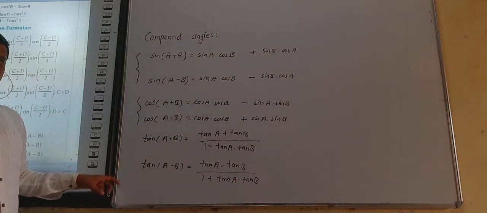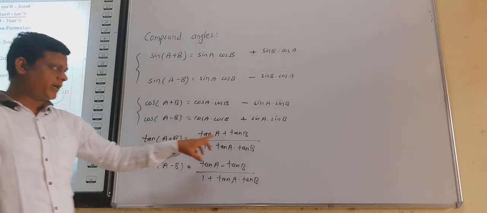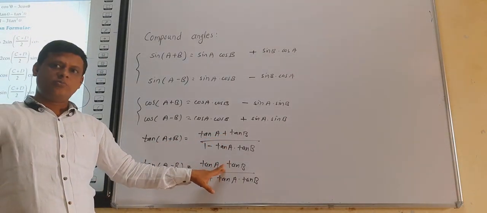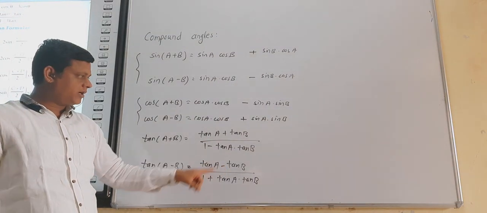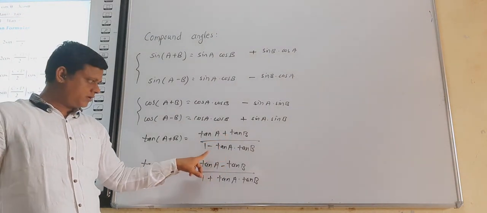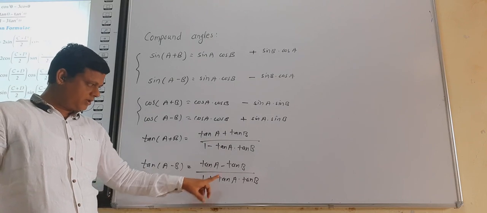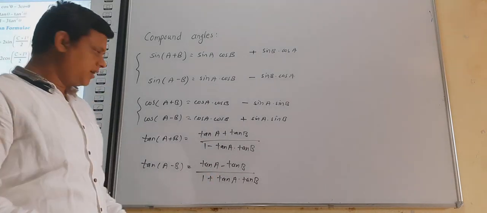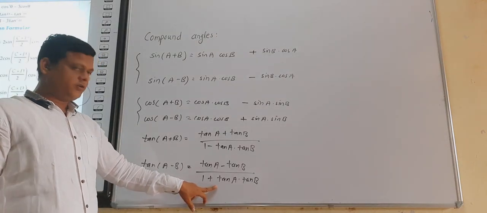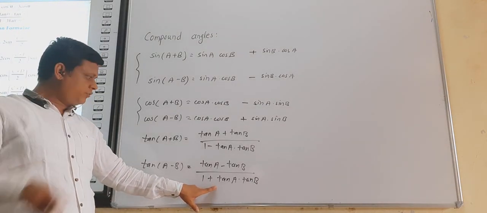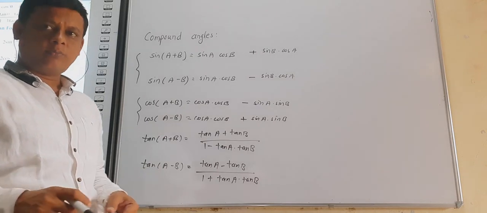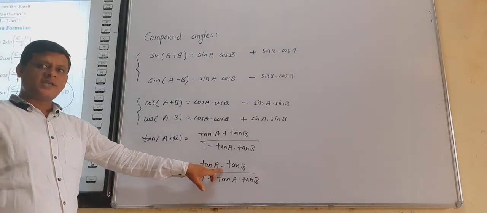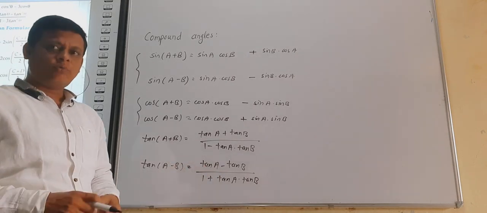Observe these two formulas: in the numerator, plus gives plus and minus gives minus, but in the denominator, plus gives minus and minus gives plus. Generally you make these mistakes while solving problems, so you must first observe the signs while writing the formulas.